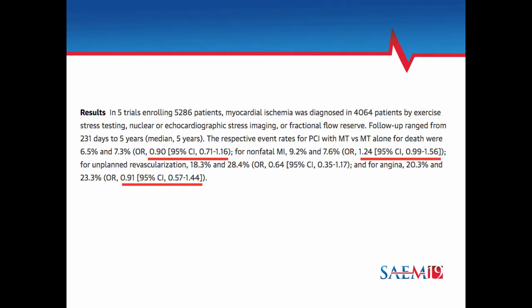So first of all, odds ratios and all relative risks have to be presented with a 95% confidence interval. And if you see that the 95% confidence interval crosses 1, that's not statistically significant, and you don't calculate number needed to harm or number needed to treat. There's no benefit. There's no point in doing anything further.